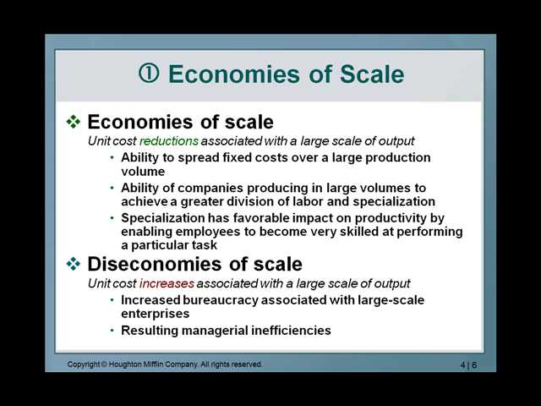The other benefit you get from economies of scale, or how economies of scale help efficiency, is that when you produce large volumes, you get what we call a greater division of labor and specialization. For example, on an assembly line, you might have one person that tightens a wheel. That's all they do all day long.